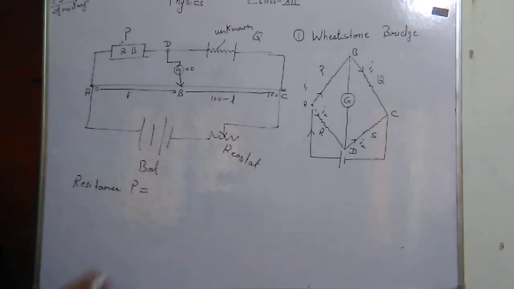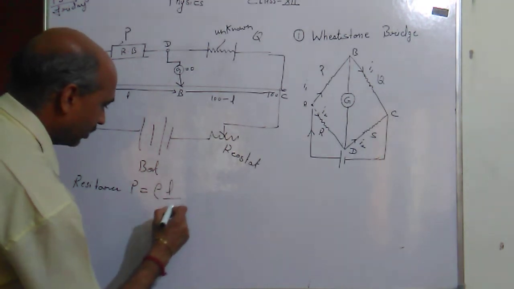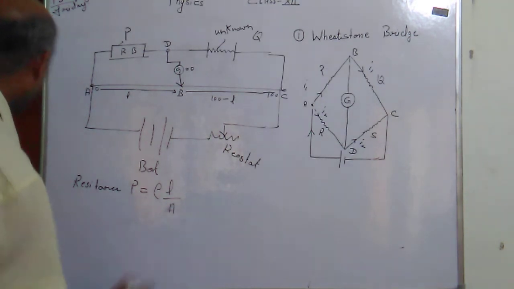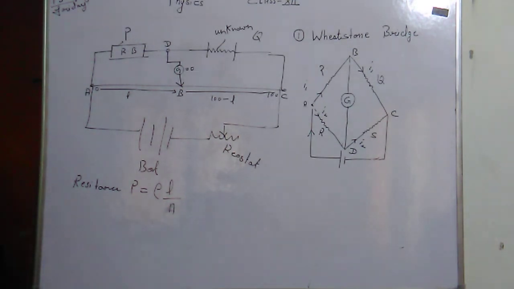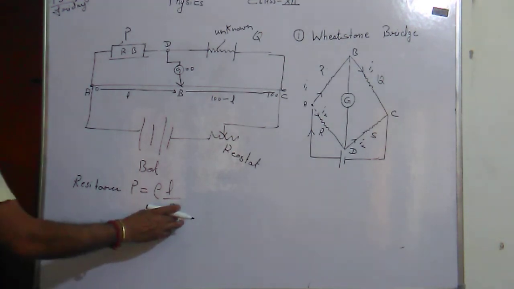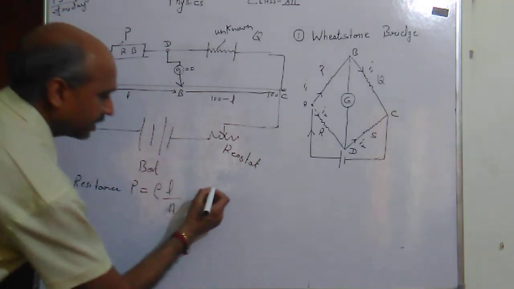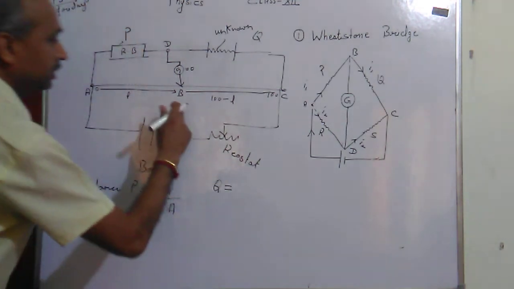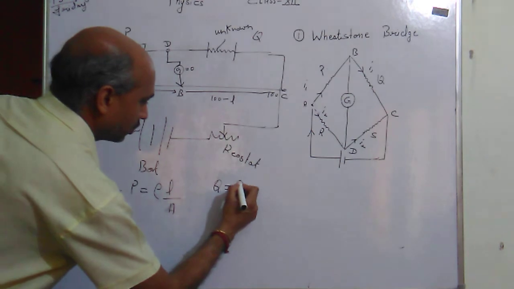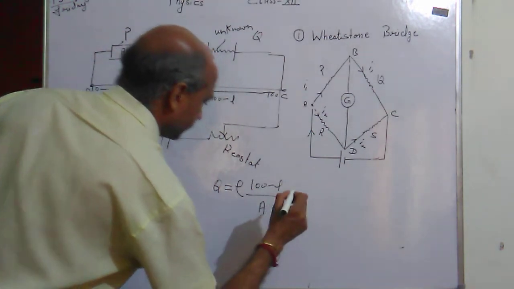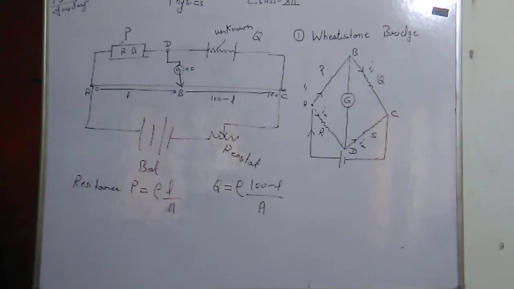It will be rho L upon A. Why we are taking rho L upon A? Because rho is the resistivity of the wire and A is the area of cross section. This is the length. Similarly, we can find out the value of Q also. The value of Q will be how much? It is rho into 100 minus L upon A.